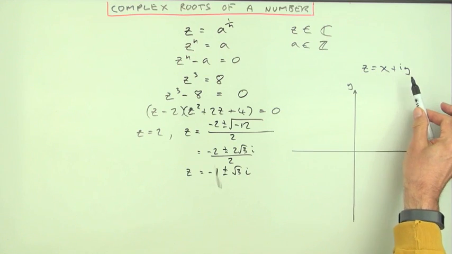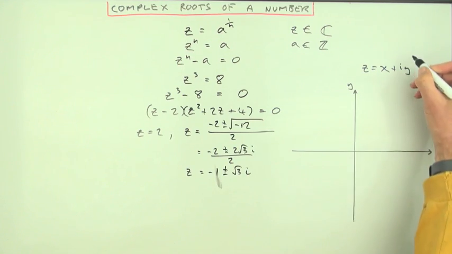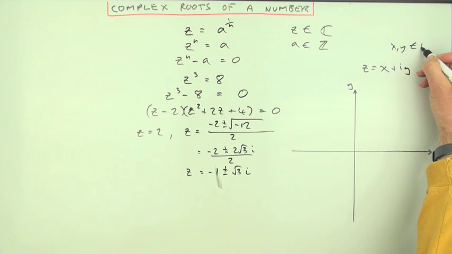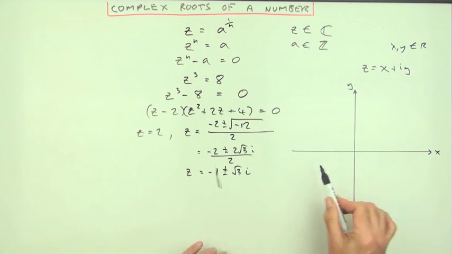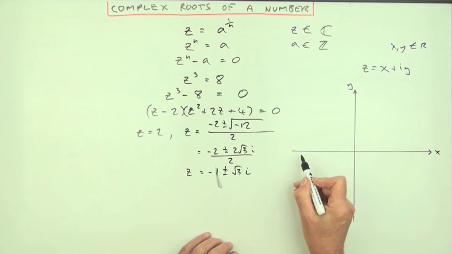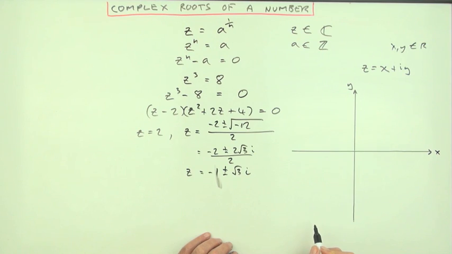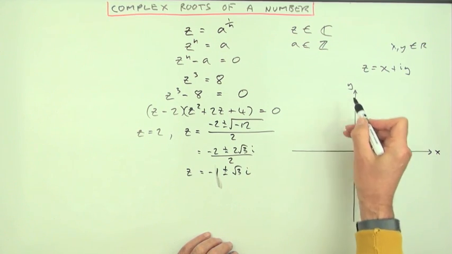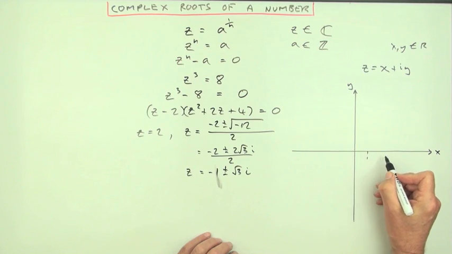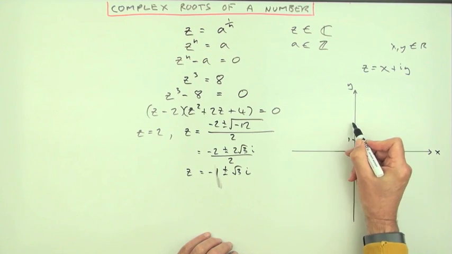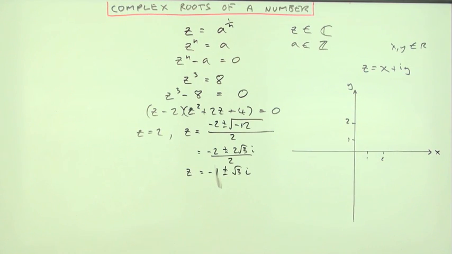But the point is, x and y are real numbers. Which means along these axes, if you want to put in any scale points that refer to the x and the y, those would be numbers. Like that would be 1, that would be 2, that would also be 1, and that would be 2.